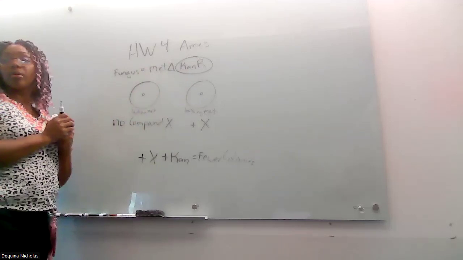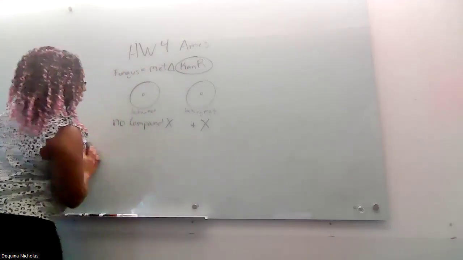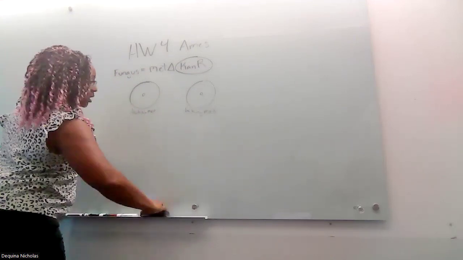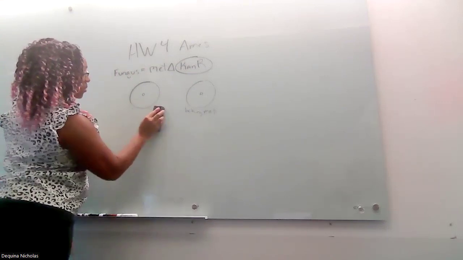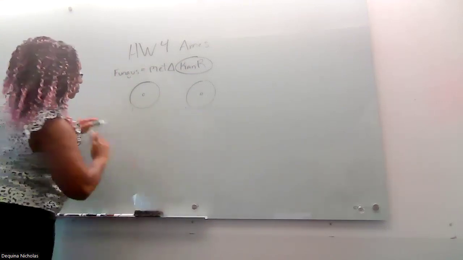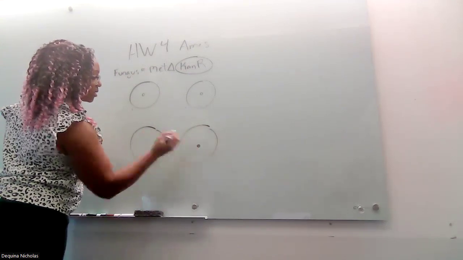So normally, if I were to draw this out again, I would probably give myself a 4x4 grid, because I have two genes. Let's do this. This is compound X in the middle.